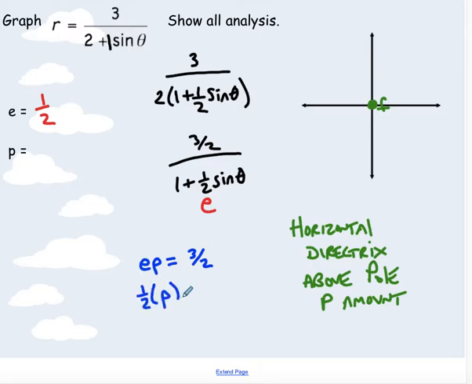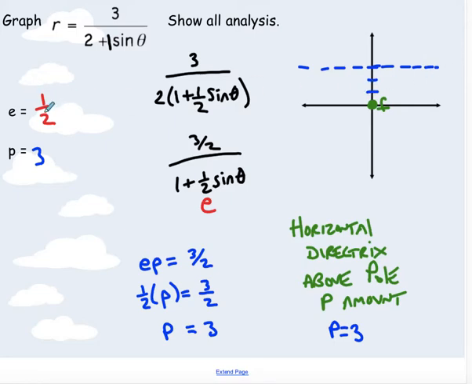So I need to figure out what P is. Okay, so if you solve for P, you're going to get 3. So what that means is my horizontal directrix is above the pole by 3. So I can go 1, 2, 3, and that's where my horizontal directrix is going to be, above the pole.